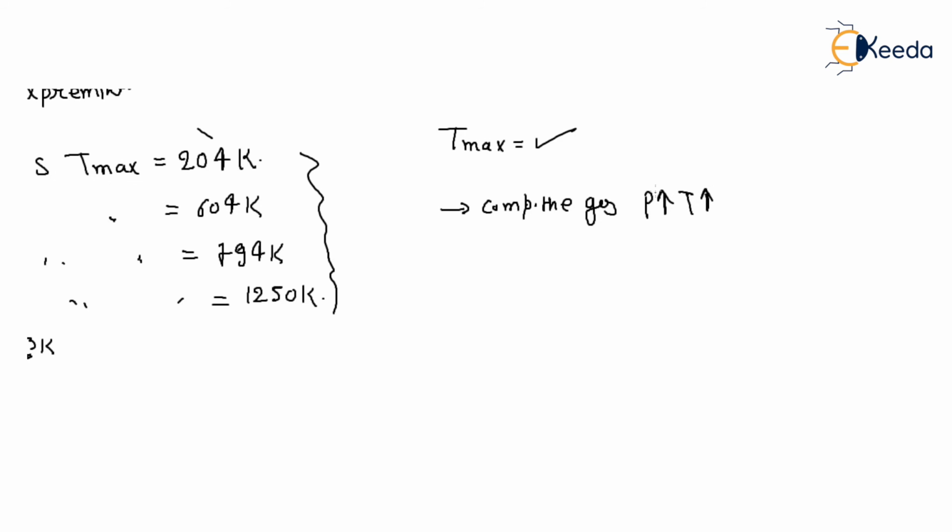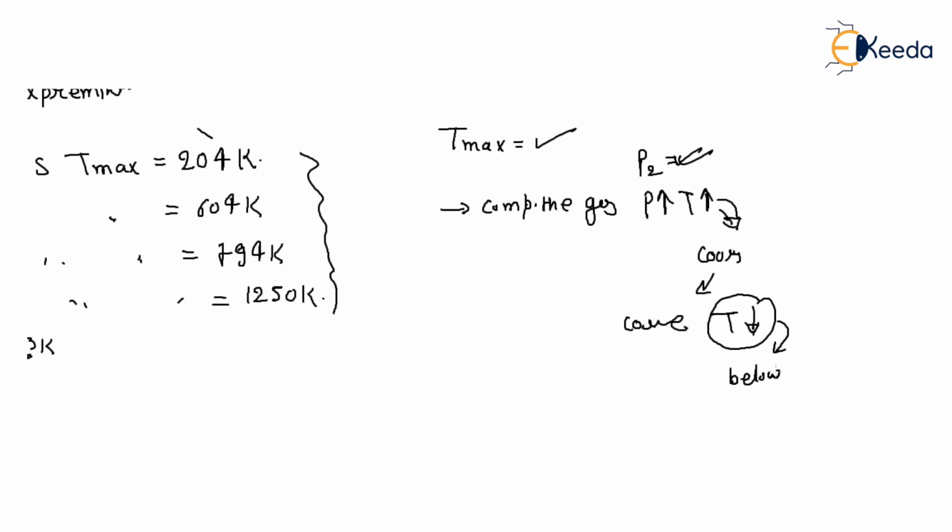At, let's suppose, pressure P2, you use a coolant and cool the gas. The temperature is reduced below its inversion temperature. Once it is below the inversion temperature, start throttling.